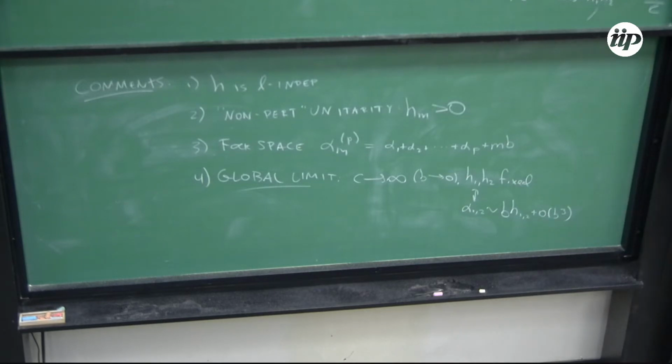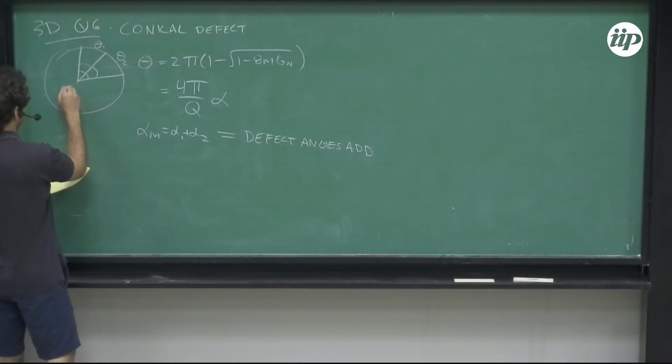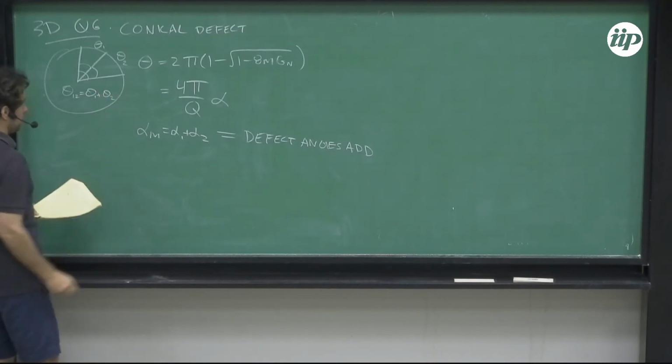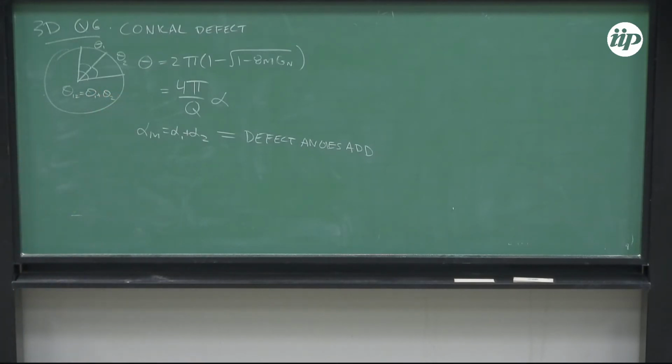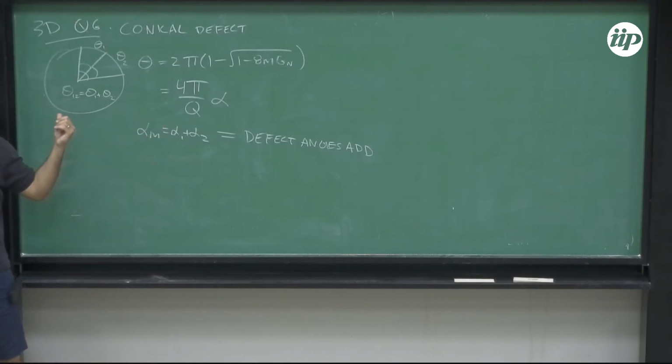So if we had a composite of 2 defects, then the total angle is simply the sum of the 2, which looks natural enough when I draw it like this, but for a particle which is arbitrarily light, this is still true, and so this is a sort of quantum version of a statement like that, which makes sense classically.